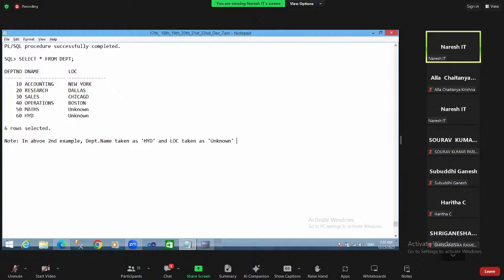To overcome this problem, because by default procedures are called according to positions only.